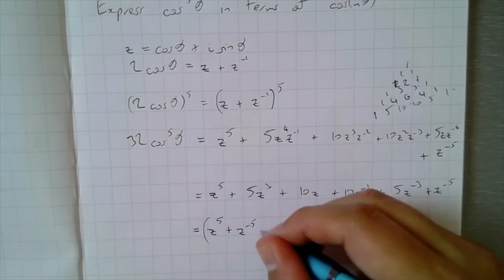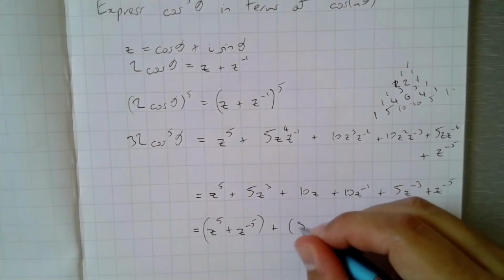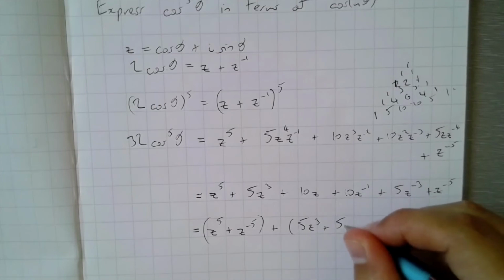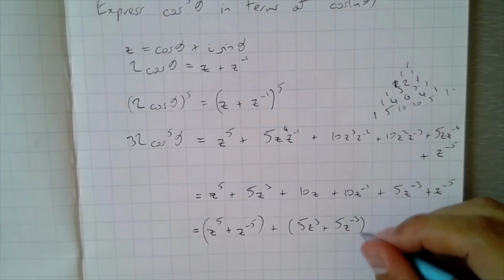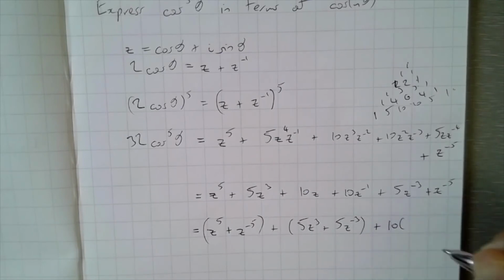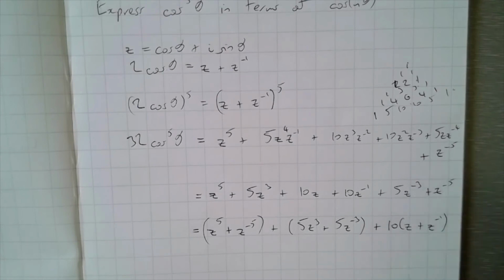I'm going to bracket that just to accentuate that point. I've got 5 times z cubed plus z to the minus 3. And I'm just going to write the 10 on the outside, as I should have done with the previous one, z plus z to the minus 1.